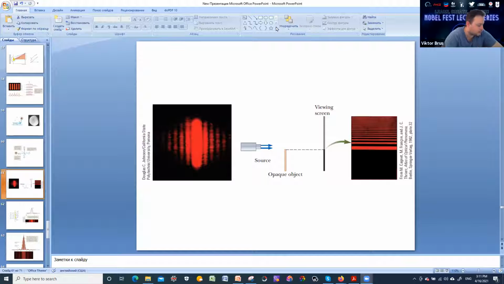So when a plane light wave passes through a small aperture in an opaque barrier, this small aperture is actually a slit.